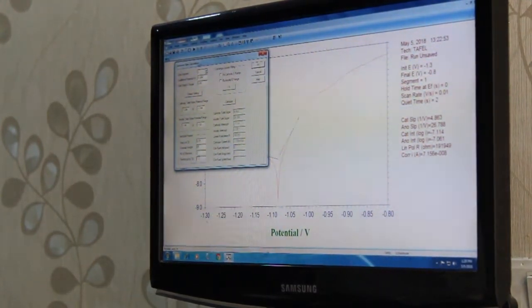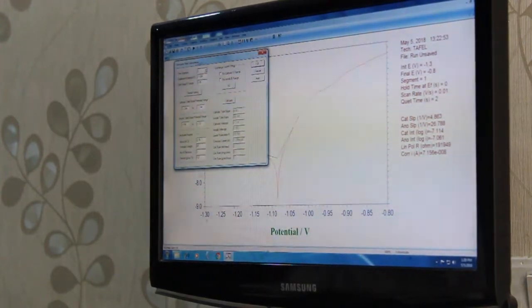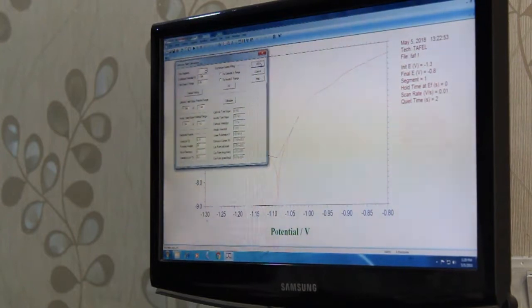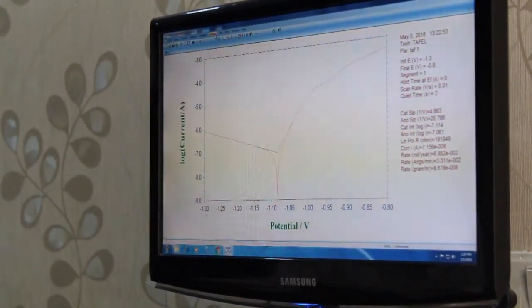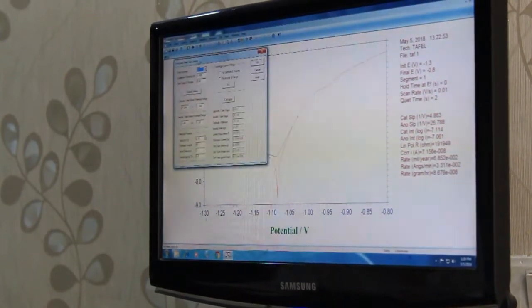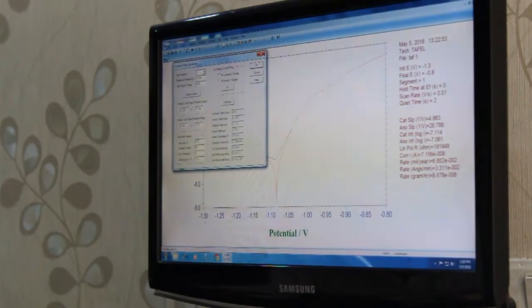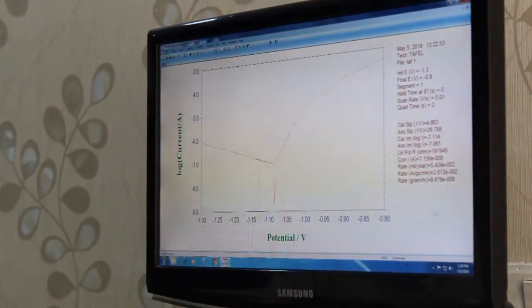I have to verify that. Okay, 7.1. 7.1 is the zinc. So I am coming to special analysis. I say that it's 7.1. Let's calculate.